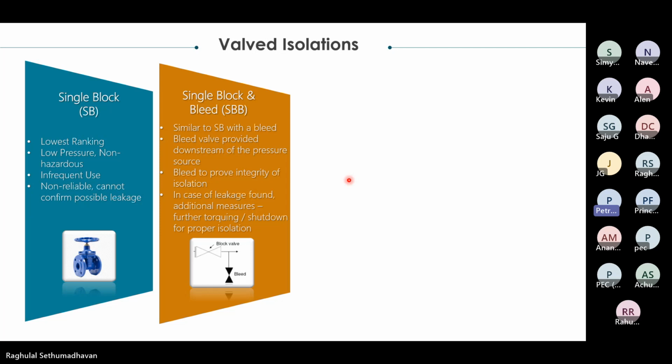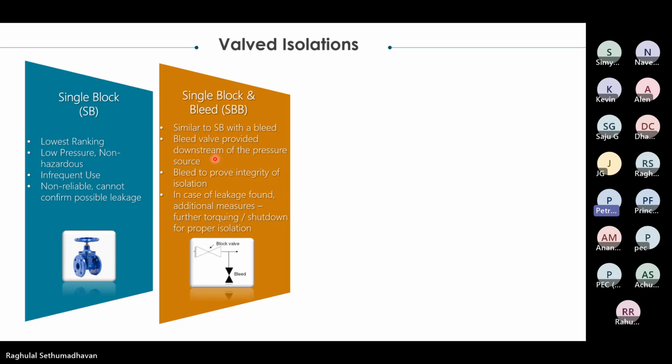Now, single block and bleed. It is similar to single block, but with a bleed valve. So, why do we require a bleed valve? So that we will come to know if there is any leakage.